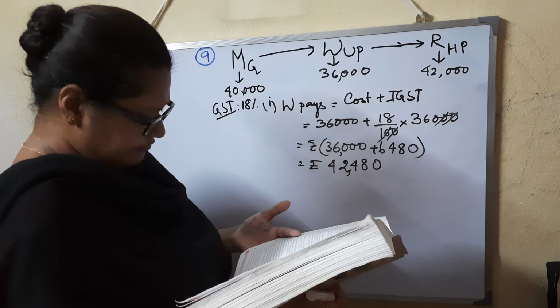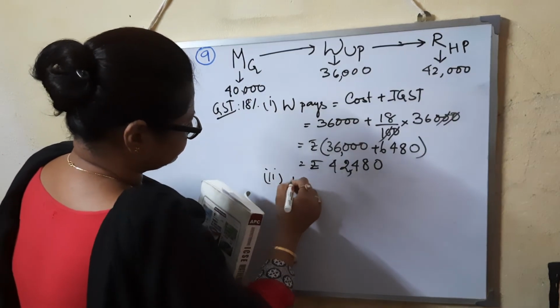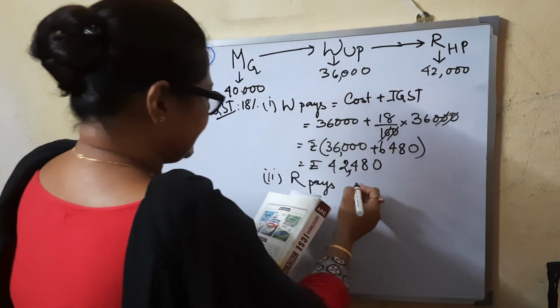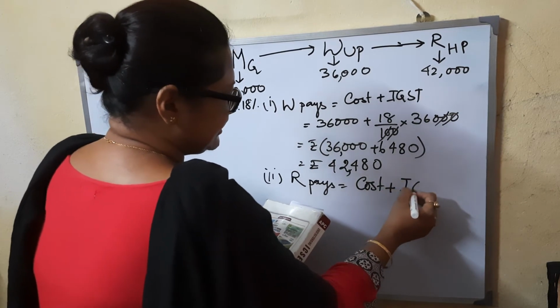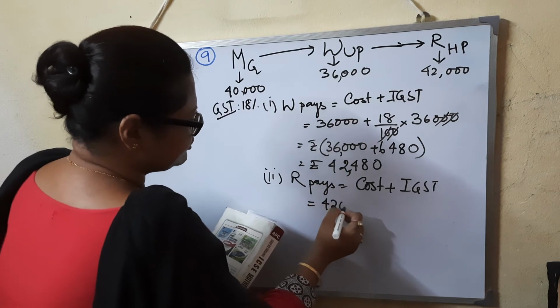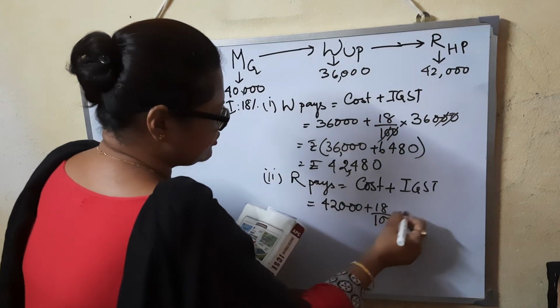The next part is the amount inclusive of tax paid by the retailer for the article. Fine. So the retailer pays, same here, cost plus IGST. Now the retailer's cost was 42,000 plus 18% of 42,000.